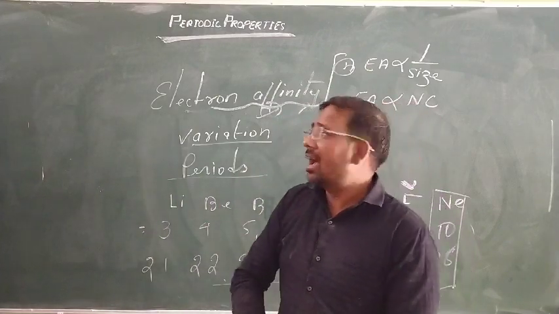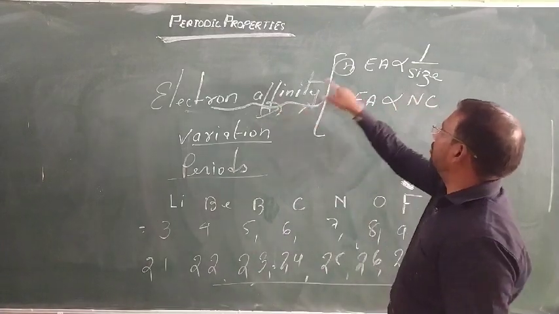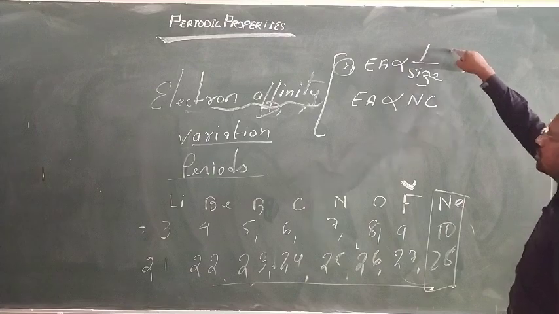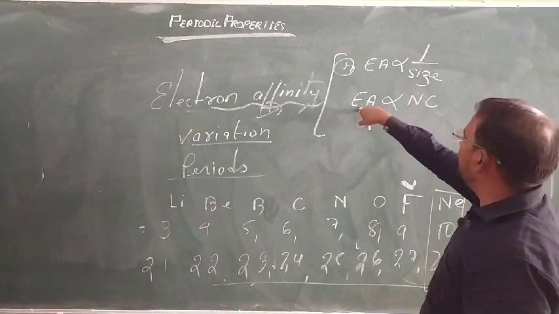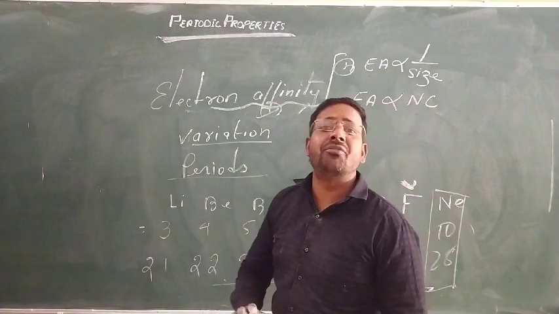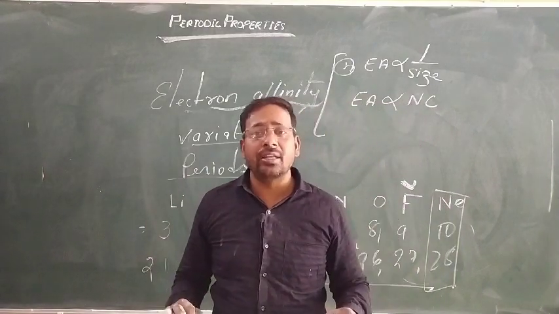Already we have discussed, and you can give the example from this one also. Electron affinity is inversely proportional to size and directly proportional to the nuclear charge, and this is the reason you can explain very well. Just keep it in mind.